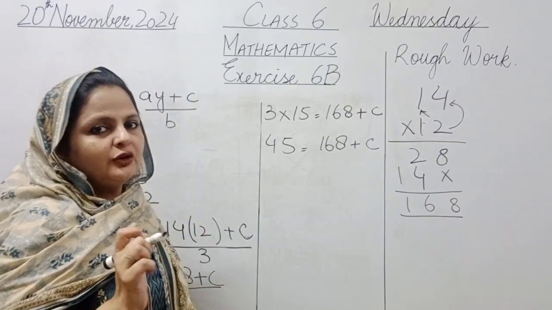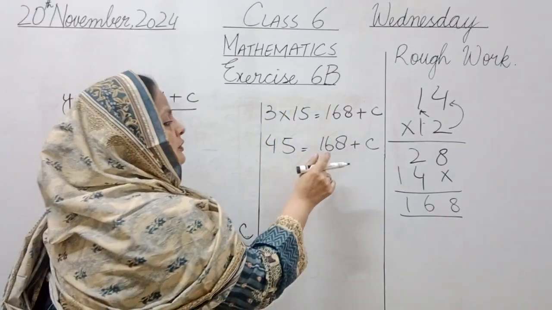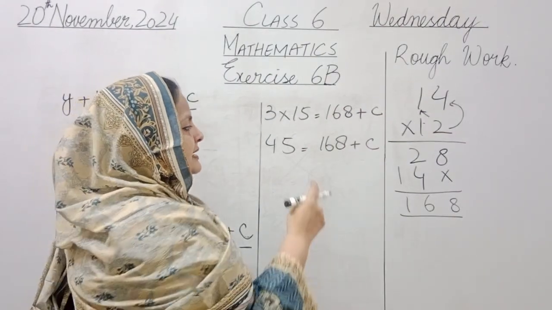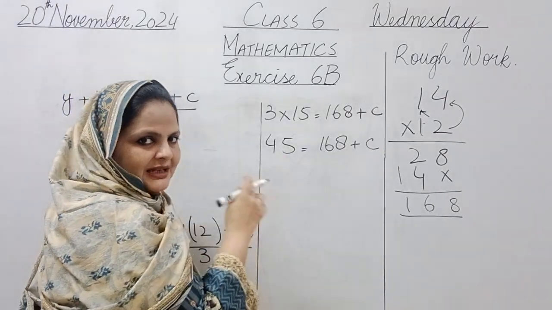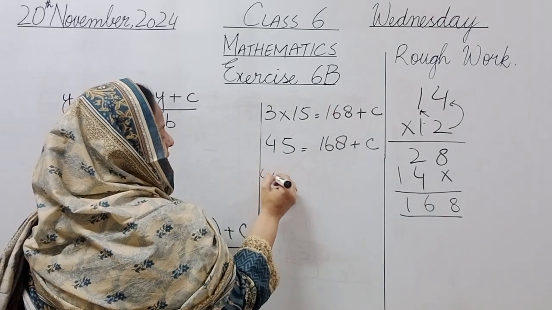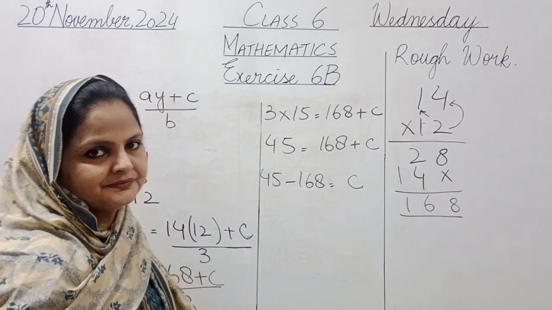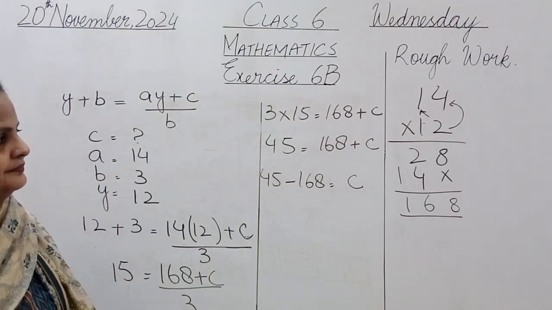Now we have to find the value of c and we have to make it alone on this particular side. So what do we do with the 168 that is with it? It has a sign of plus in it. We'll shift it to the other side and it will then get subtracted. 45 minus 168 is equal to c. What is the answer of 45 minus 168?